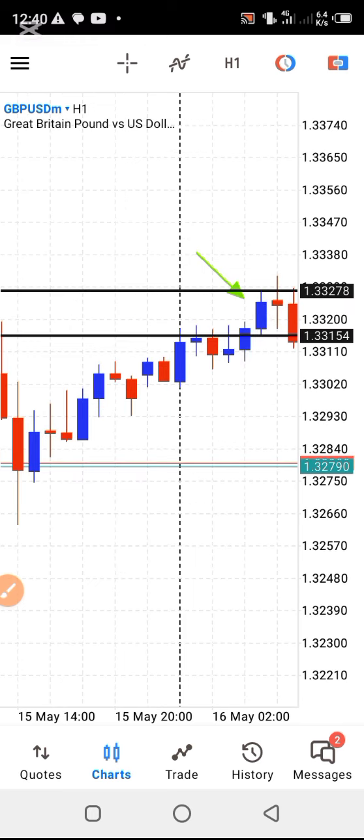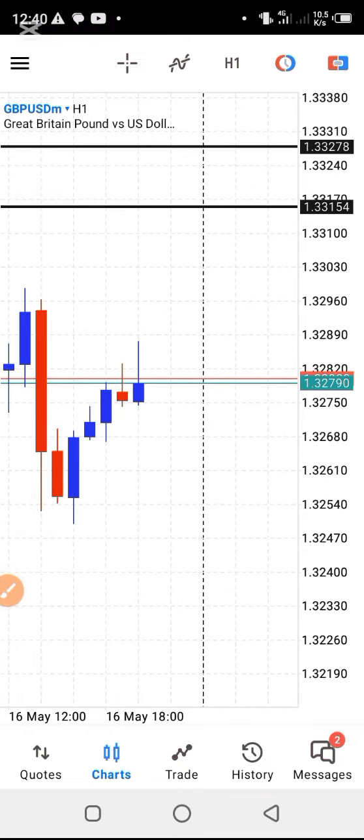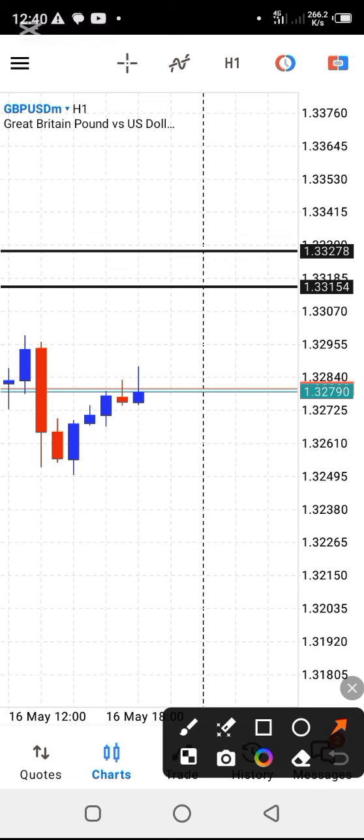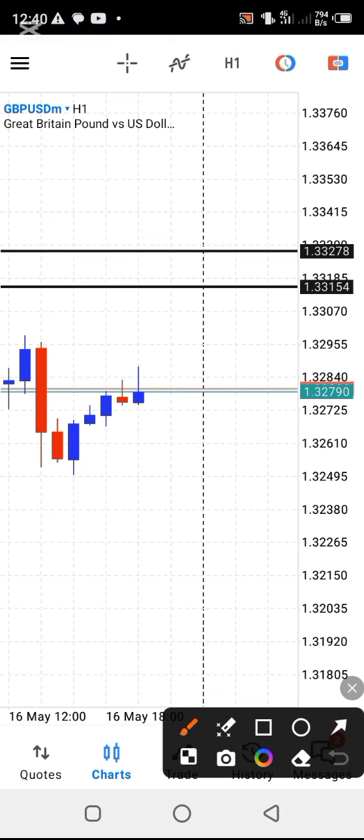Okay, so some traders tend to complicate this CRT model, but it's a very simple model. Okay, and the ideology is all about the fact that every candle is a range on its own. So every candle is a range on its own. Let's say you have a candle like this.